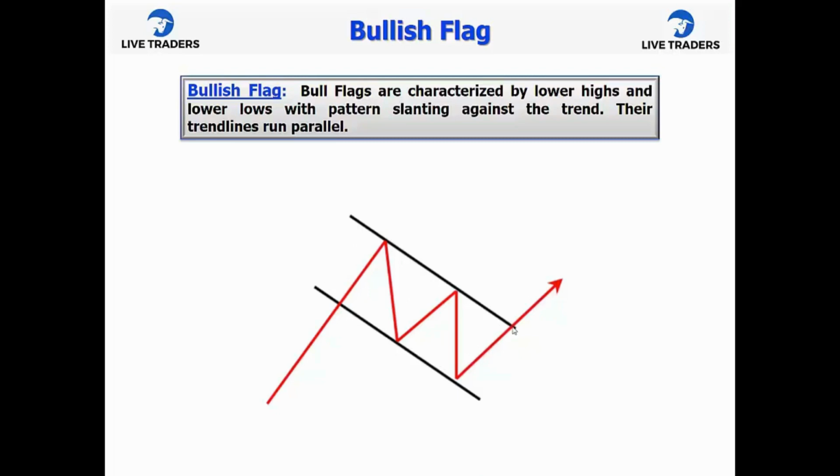Now, why does this pattern work? Let's dive into the psychology of this pattern. Prices just don't go straight up or straight down. They ebb and flow. They go up, they consolidate, they go up, they consolidate. Think about if you were running a marathon.